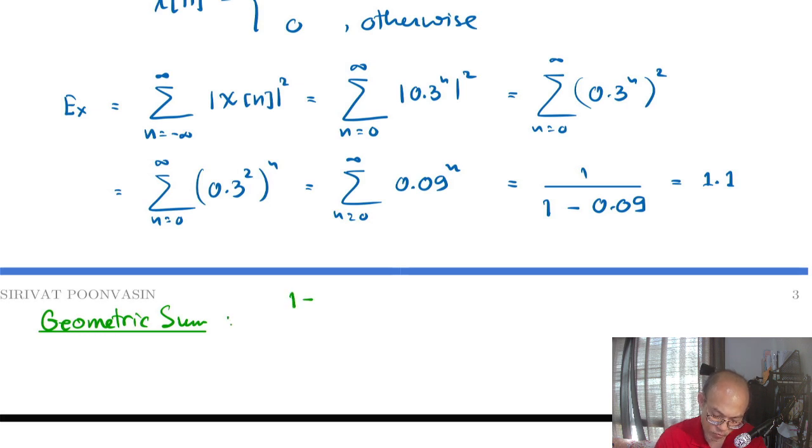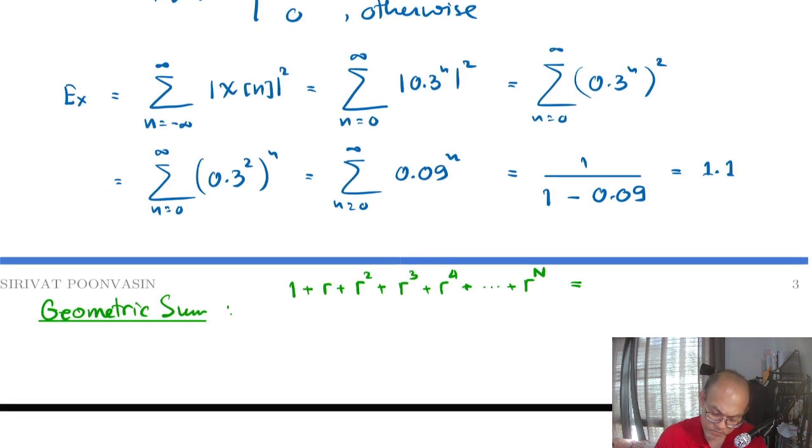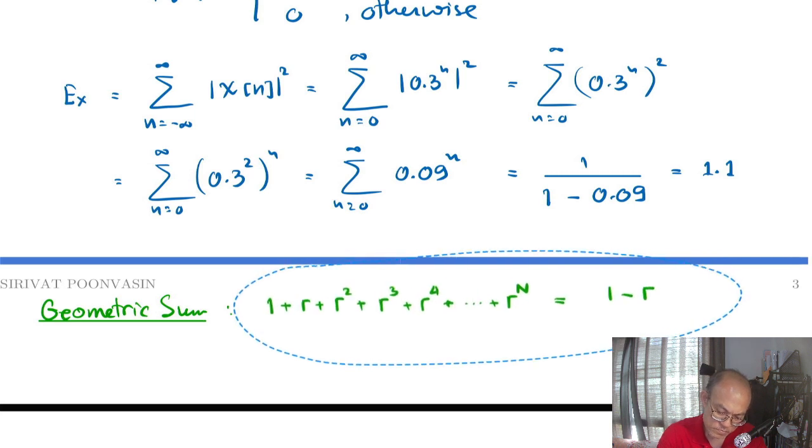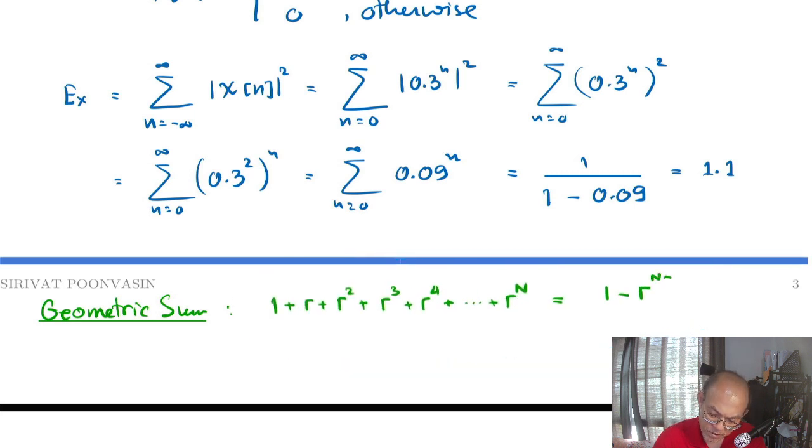If I add 1 plus r plus r squared plus r cubed plus r to the fourth plus and so on, up to r to the capital N, the geometric sum states that this has to be equal to 1 minus r to the N plus first, divided by 1 minus r.